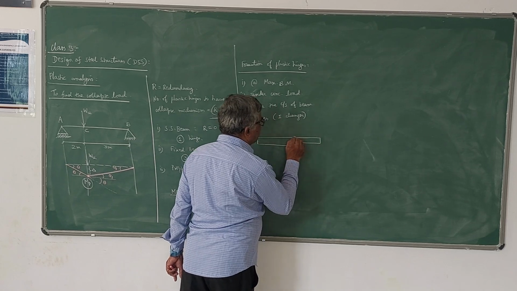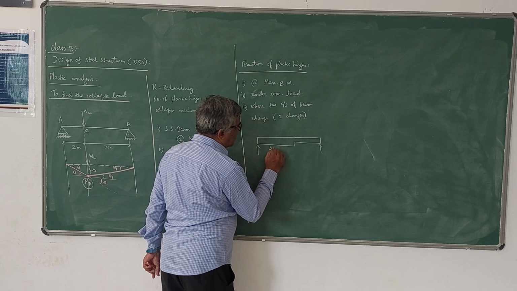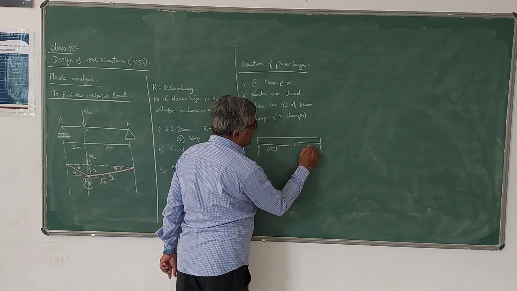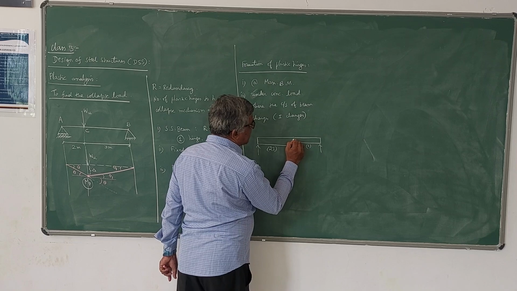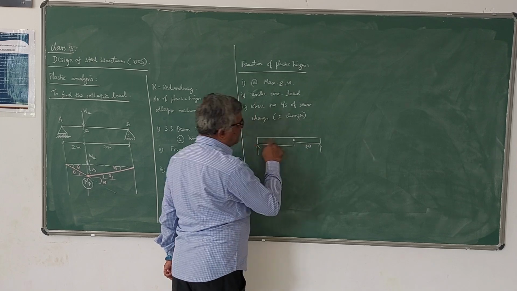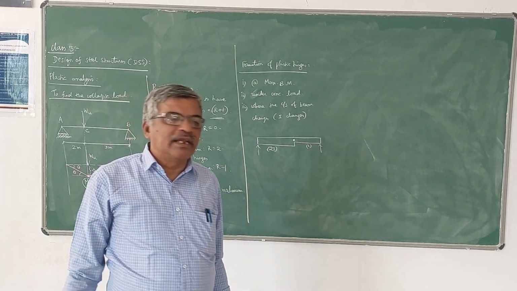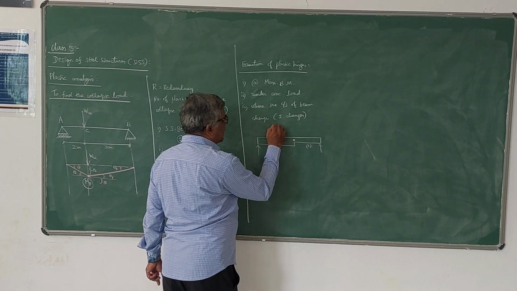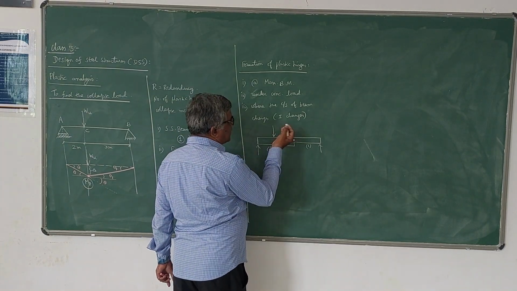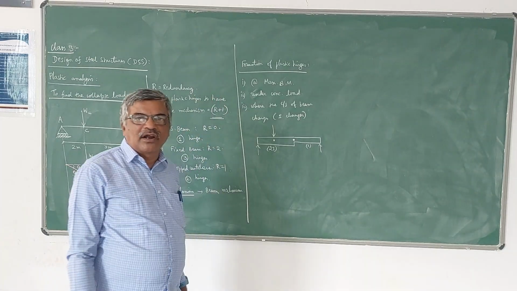A portion of the beam is simply supported, but it has a value of 2I from here to here and I from here to here. In this case, you can expect a plastic hinge here, because this is the section where the cross section will change. Suppose you have a concentrated load, there is a possibility of having a plastic hinge here also.